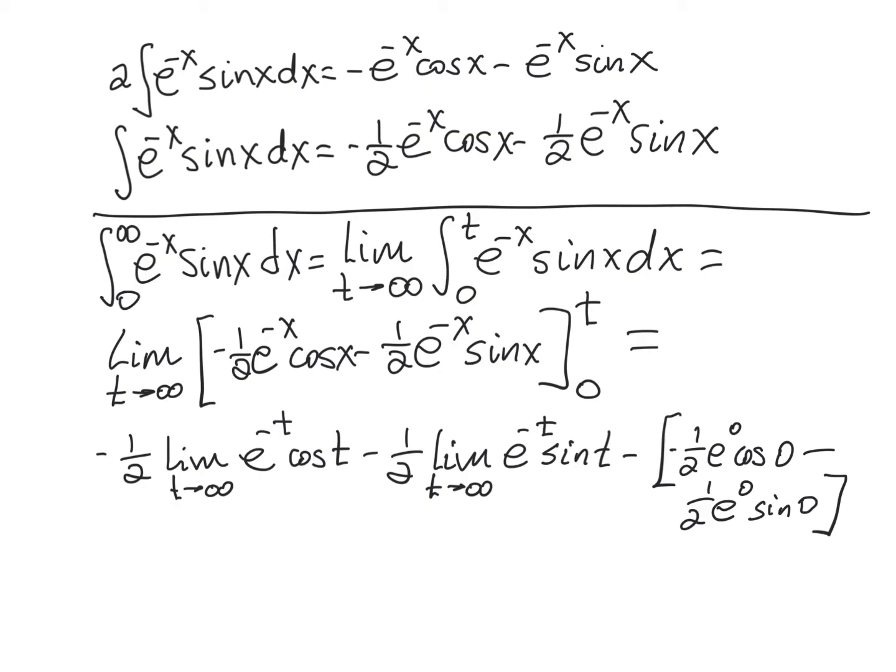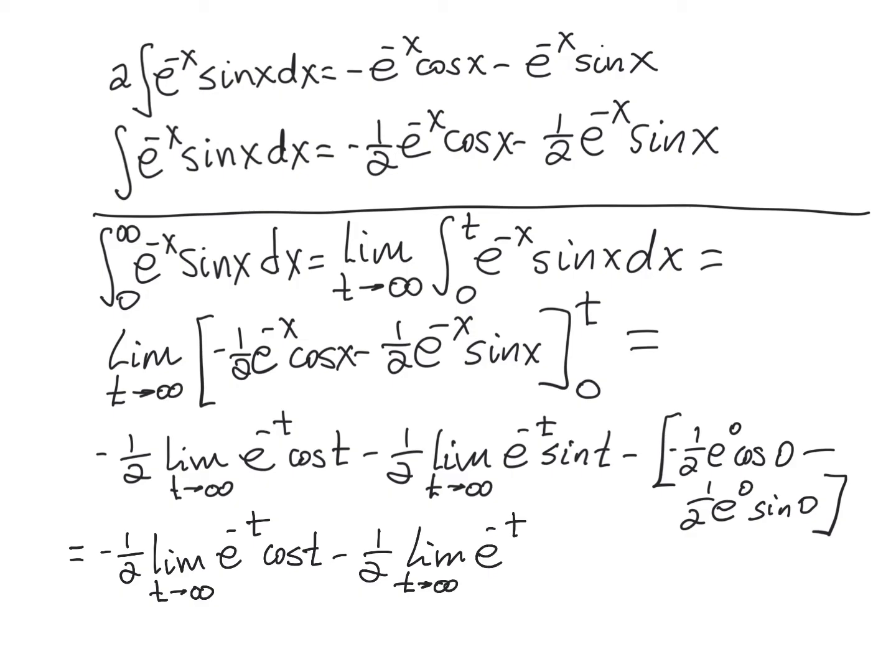And let's write it out. This would be negative 1/2 limit as t approaches infinity of e to the negative t cosine t minus 1/2 limit as t approaches infinity of e to the negative t sine t, and then plus 1/2. All we have to do is evaluate these two limits, and we have solved the problem.